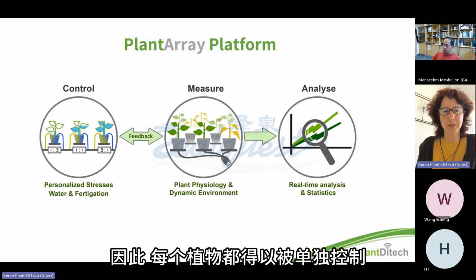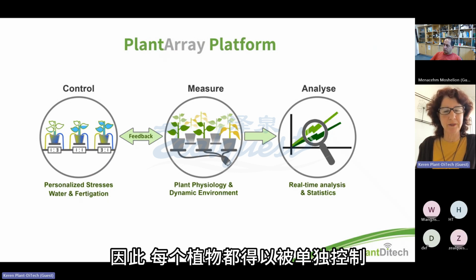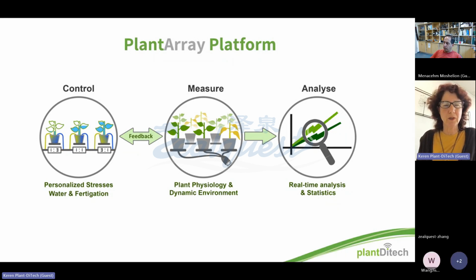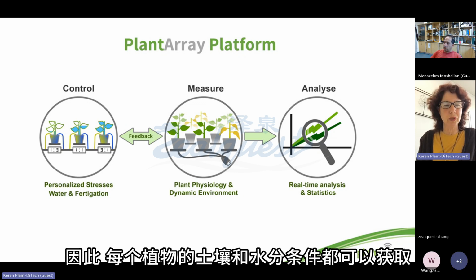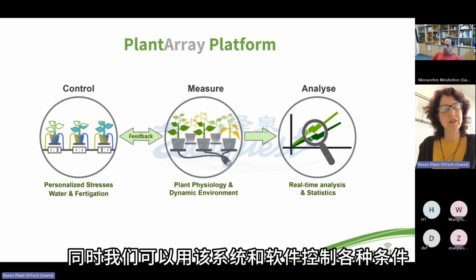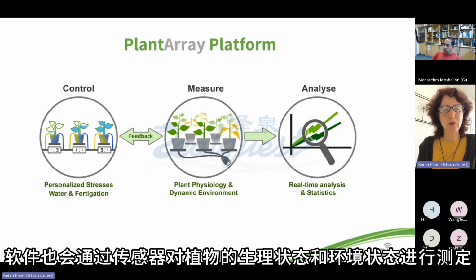Each and every plant is controlled separately, and can get a different cocktail of soil and water conditions. While we control the conditions with the system and the software, the software also takes measurements with the help of sensors for the physiological status and the environmental status of the plant.